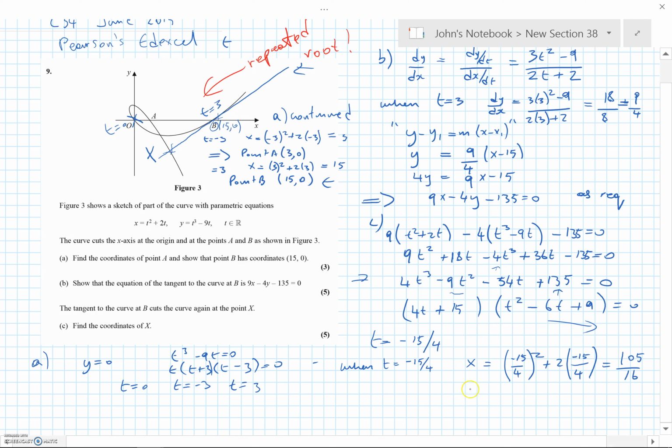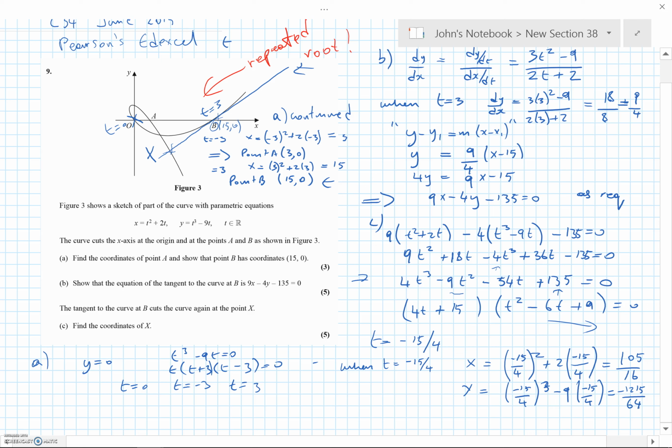So then we can say y equals minus 15 over 4 cubed, minus 9 times minus 15 over 4. Okay, that looks slightly more questionable, but I think it is right.